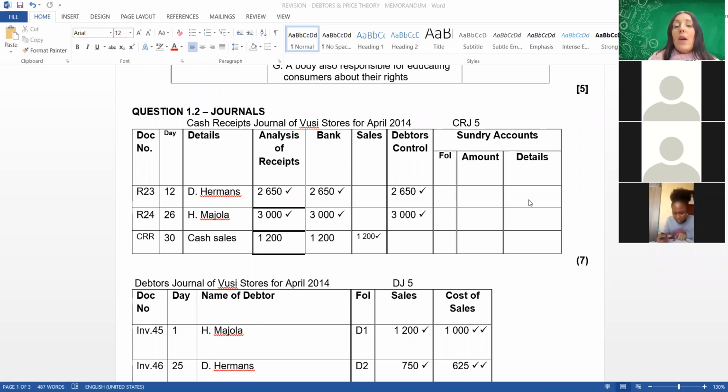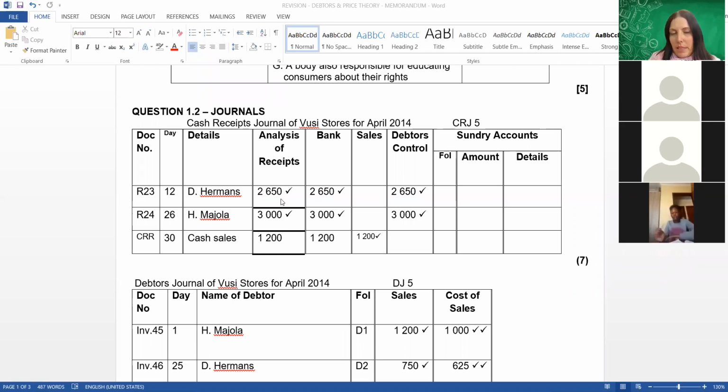So now they say received money or a check from him in full settlement of his account. We know most that full settlement means he's paying everything that he owes, and therefore we put the 2,650. We use that amount, so now he doesn't owe us anything. We put the amount in analysis of receipt because they said we received a check.